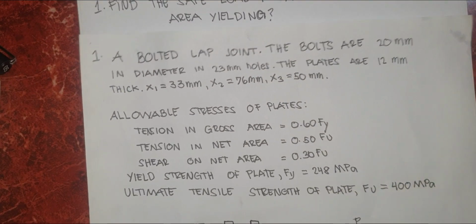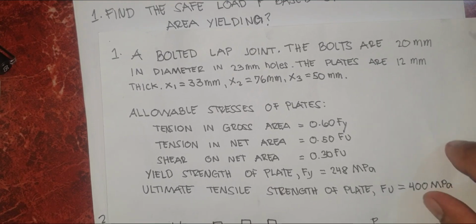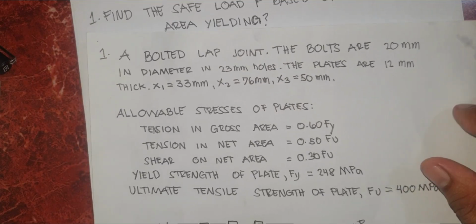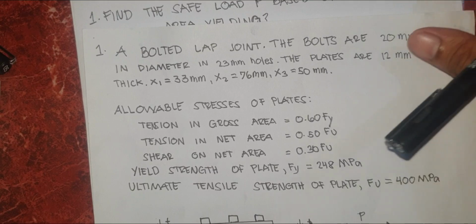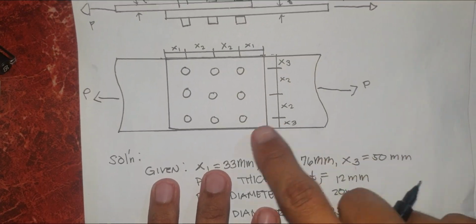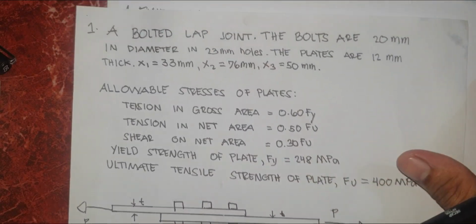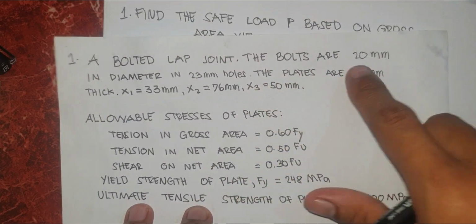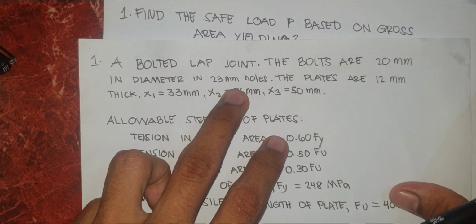So my topic is all about block shear strength, and this example is a bolted plate joint. The bolts are 20 mm in diameter in 23 mm holes.